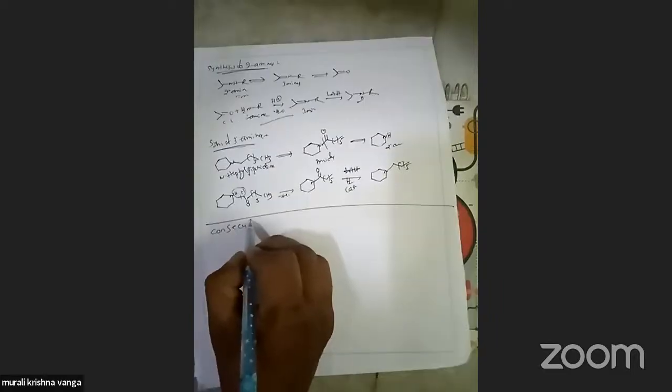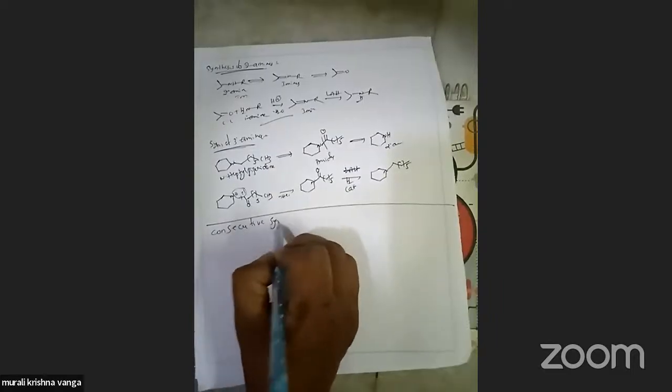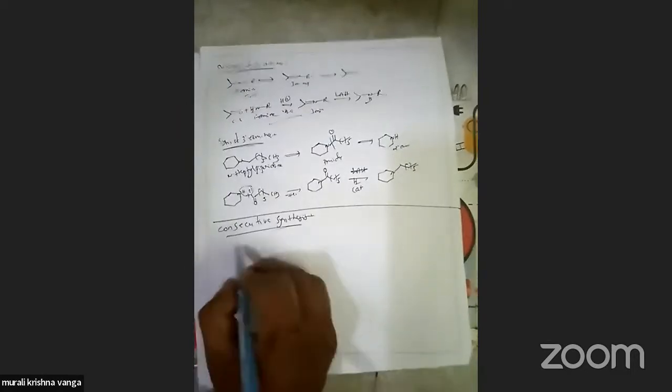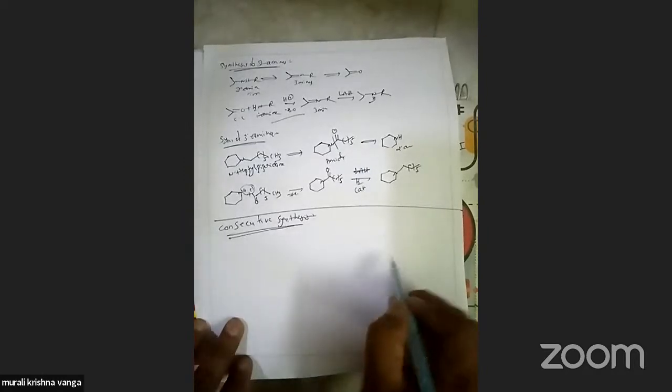Next one is consecutive and convergent synthesis. This is important. First, consecutive synthesis. In this consecutive synthesis, the target molecule is made up of a sequential arrangement of different intermediates.